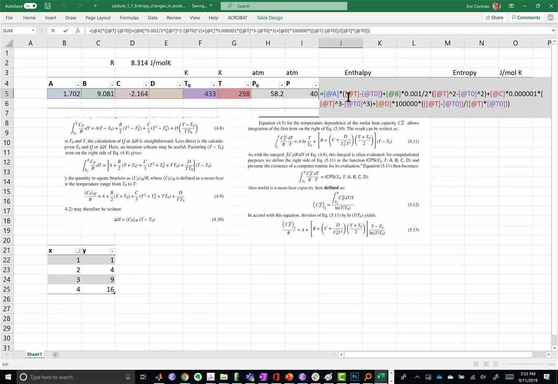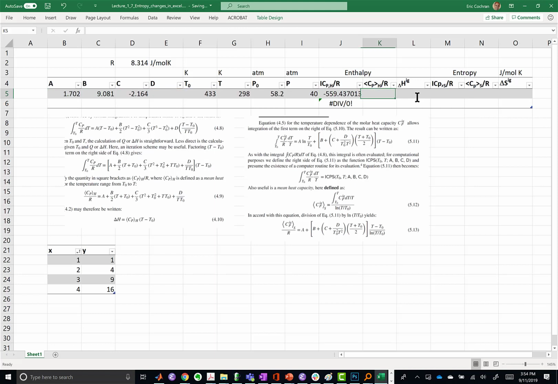So A times T minus T0 plus B divided by 1,000 divided by 2, T squared minus T0 squared, C times 10 to the minus 6 times T cubed minus T0 cubed plus D times, yeah, I think that is about right.